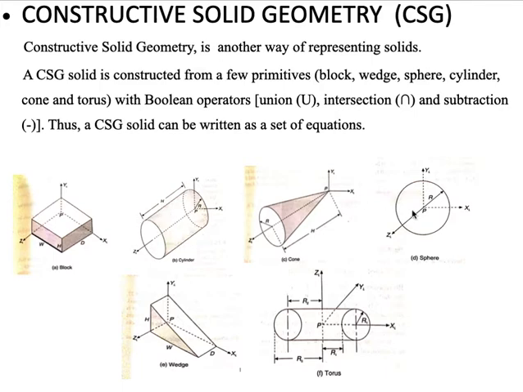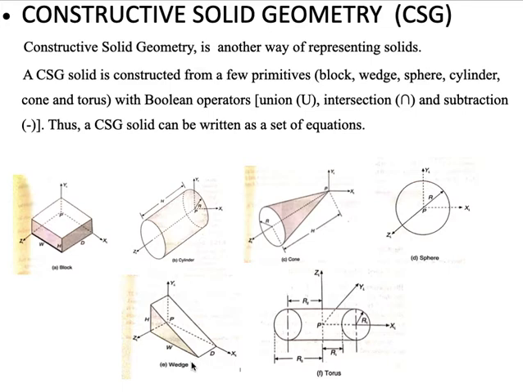And if you see sphere, this is defined by its radius r or diameter d. And the cone is a right circular cone whose geometry is defined by base radius r or diameter d and height h.